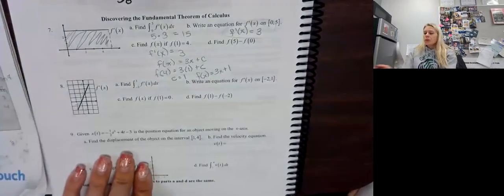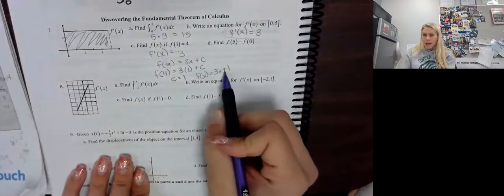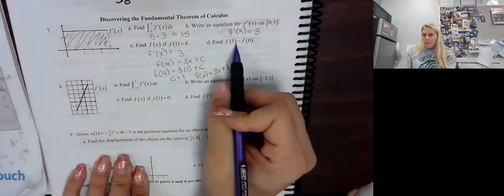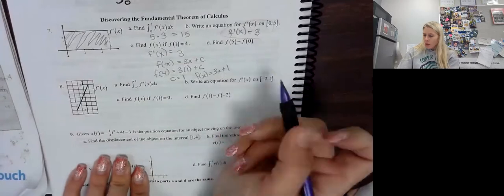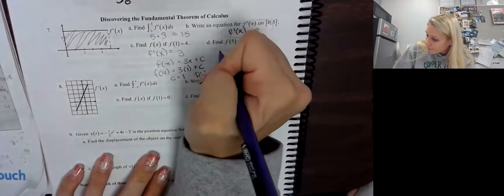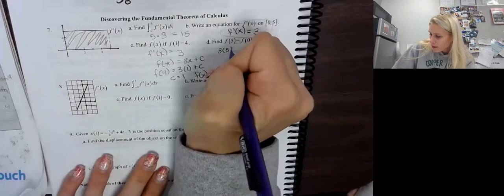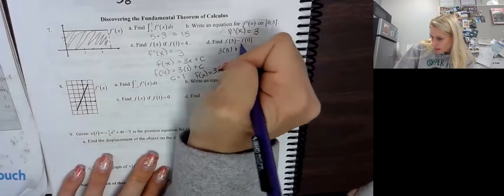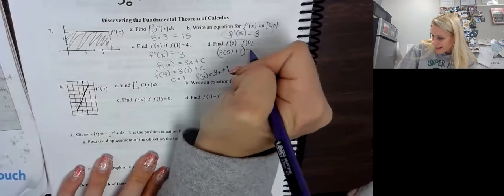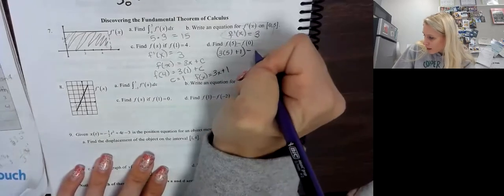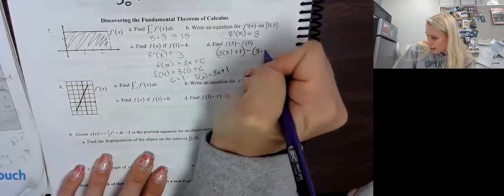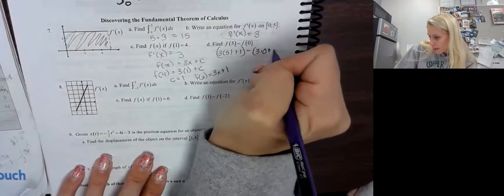Now what we're going to do is take our f of x and say f of 5 minus f of 0. Okay, well, f of 5 in here would be 3 times 5 plus 1 minus 3 times 0 plus 1.